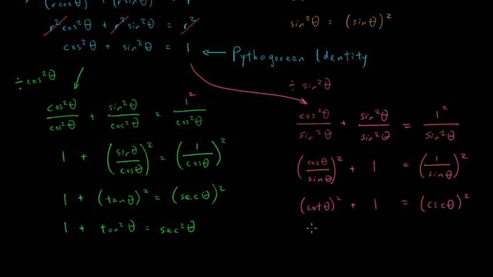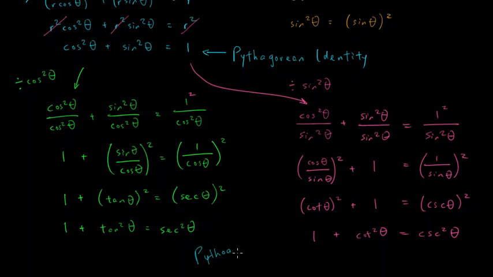And just rewriting this, this will be 1 plus cotangent squared theta equals cosecant squared theta. So these are 2 more Pythagorean identities.